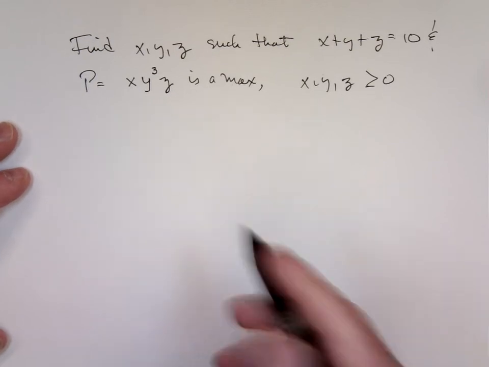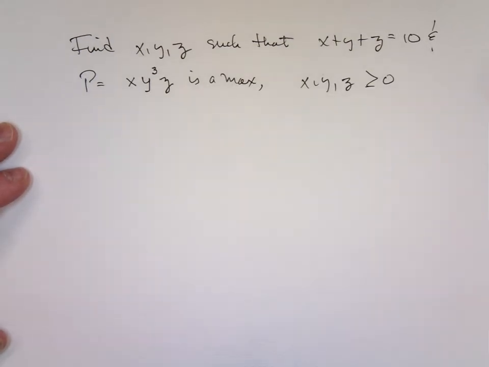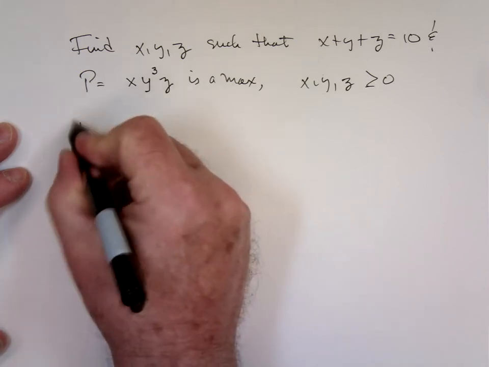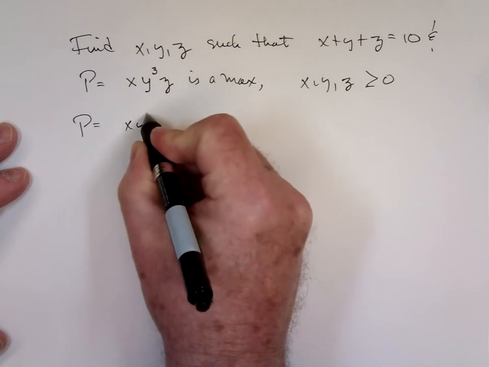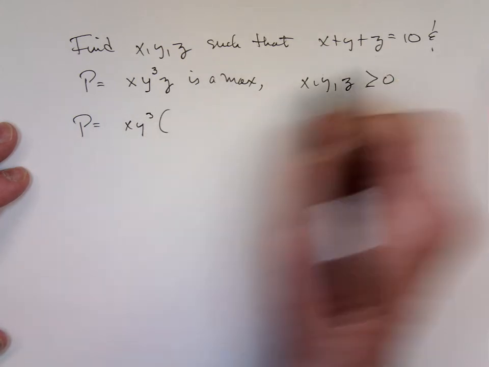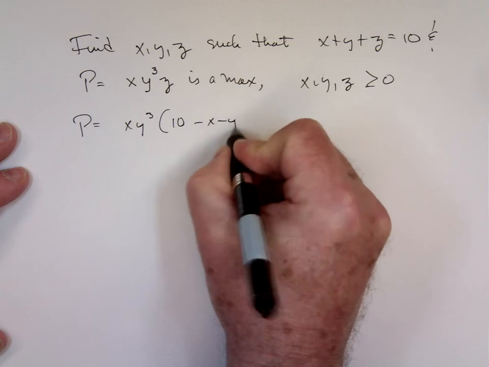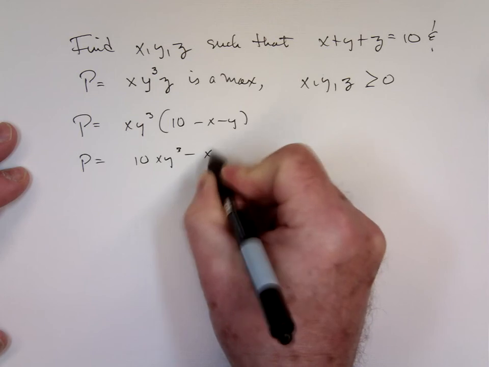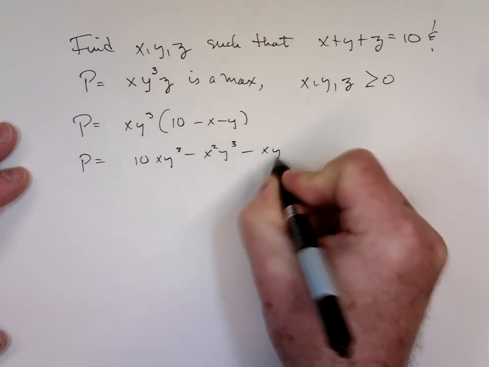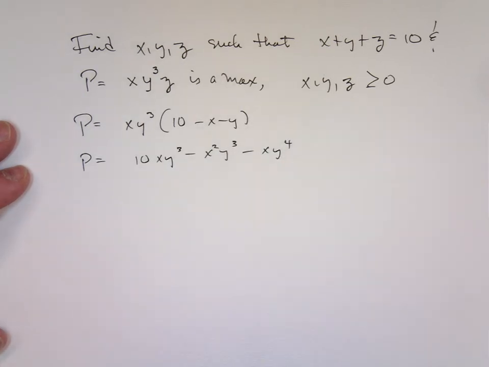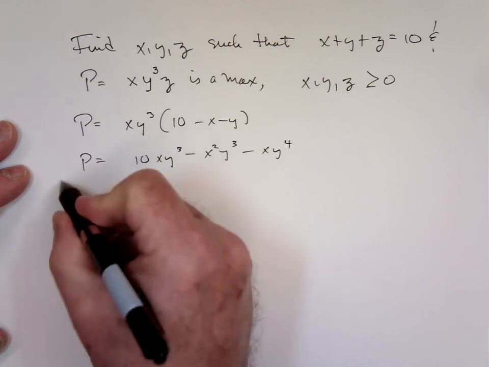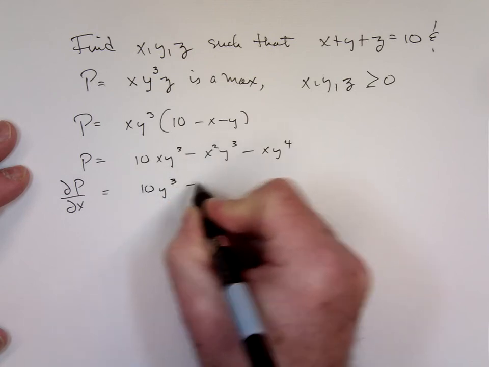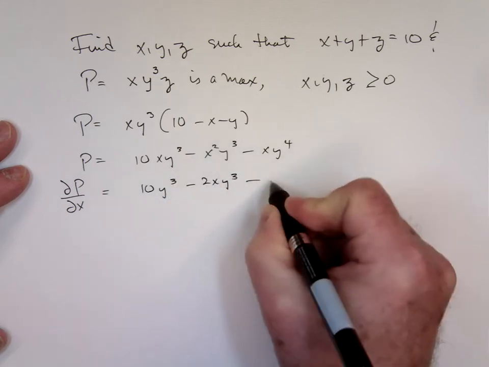All right, let's do it. Find x, y, and z such that the sum is equal to 10. Step 1: we need this in terms of 2 variables. So solve for z using your constraint, multiply it out. Okay, find critical values. Take the partial of p with respect to x and set it equal to 0.